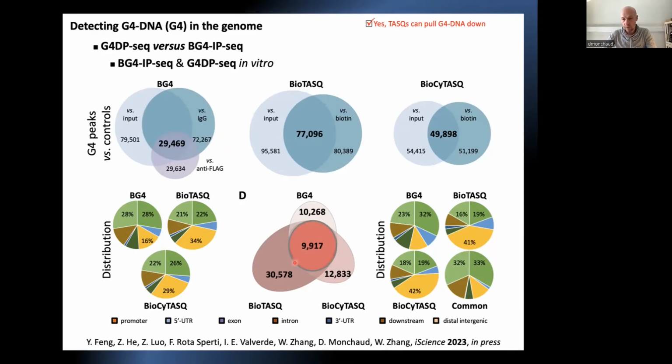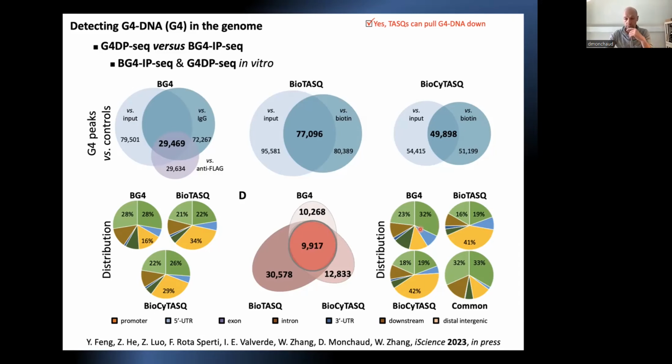The only difference was when we looked more carefully at the nature of the G4s that were isolated: there is a kind of bias of the TASQ toward the exonic G4, while the BG4 is a more generic tool for G4s.